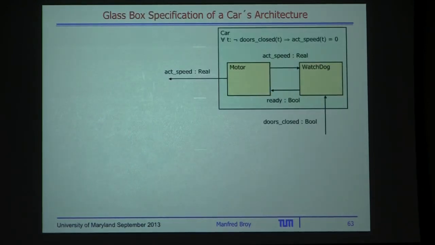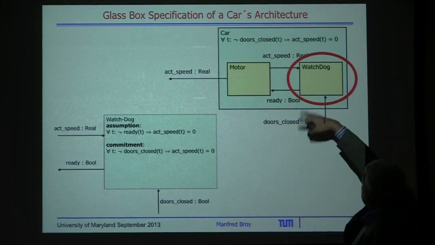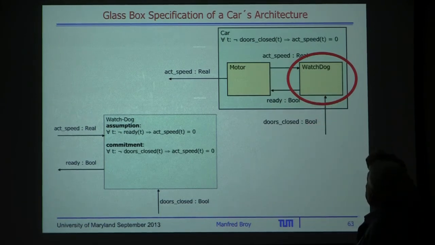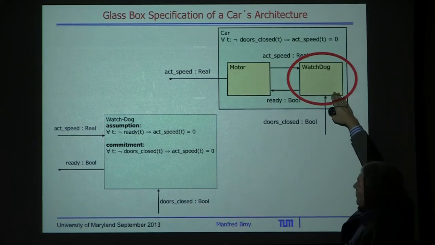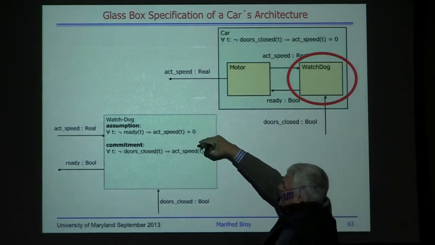Finally, very shortly, our also recent work, how we deal with so-called assumption and promise specifications, where when we talk about a system, and now this uses all the techniques I've introduced. You have a subsystem, which I call a watchdog, and now you have certain assumptions for the watchdog.